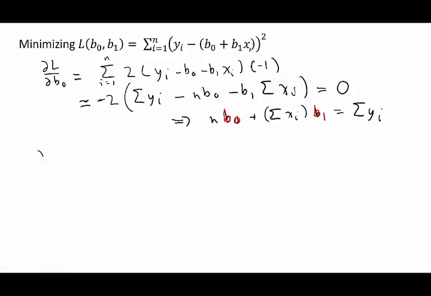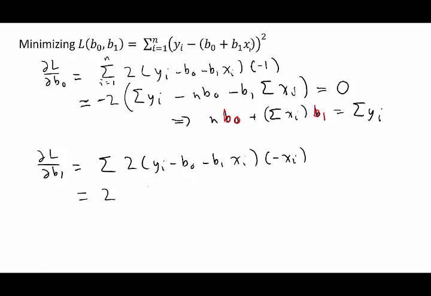To get a second equation, we look at the other partial, dL/db1. Using the chain rule again, we get 2 times (yi minus b naught minus b1 xi). Now, though, when I differentiate the inside with respect to b1, I'm going to get a negative xi here. So again, breaking up the sum, we have 2, and I'll factor out the negative again as well.